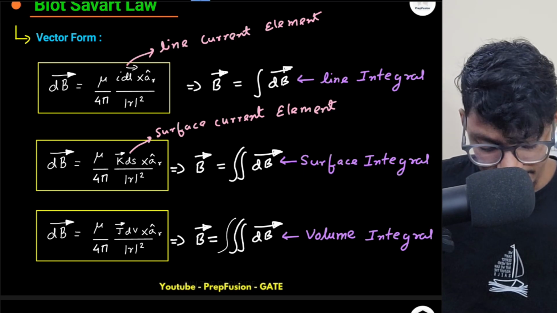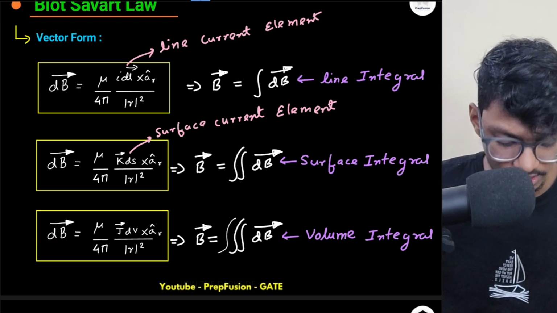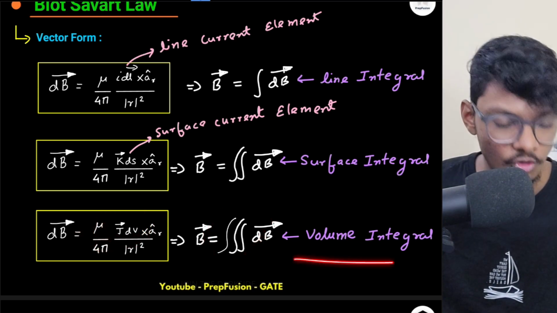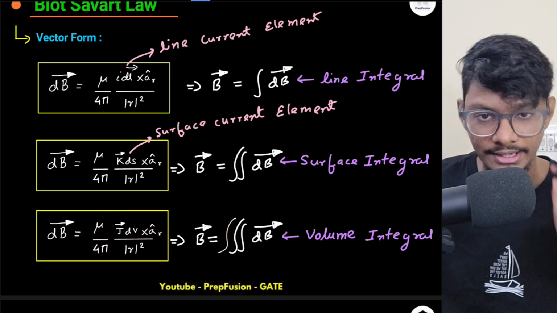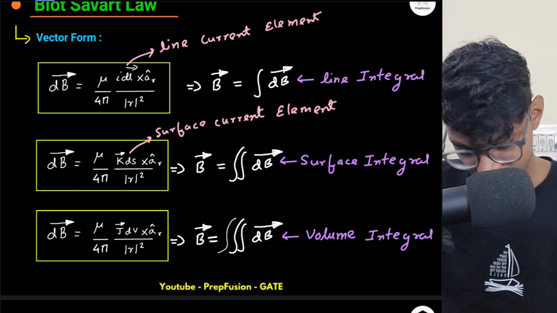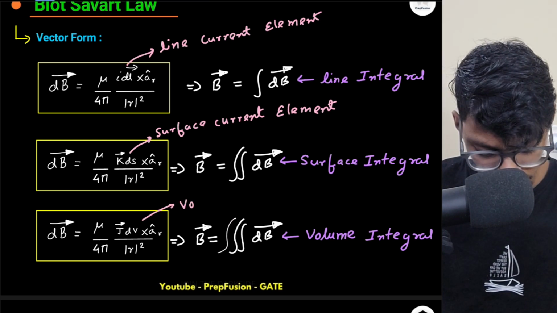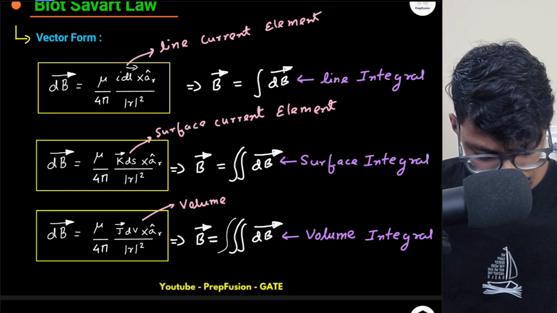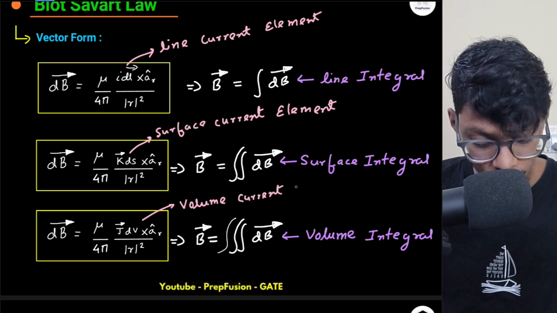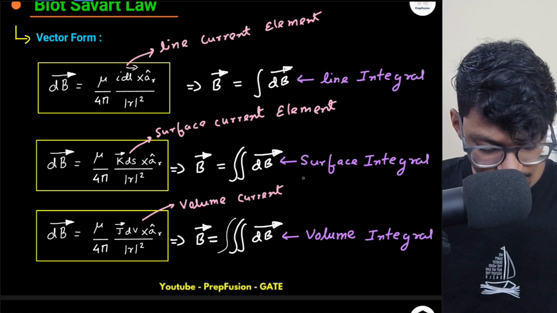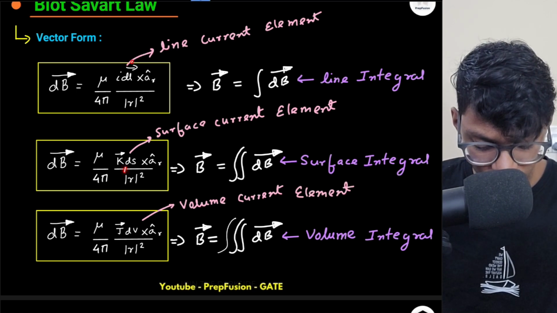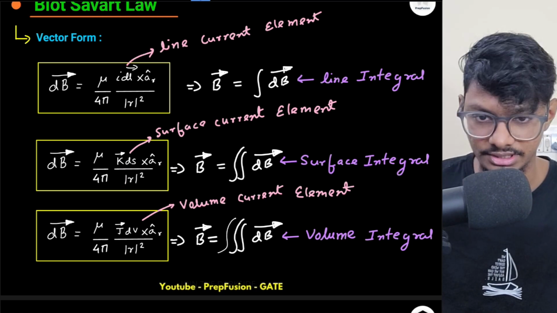Next, if the volume current element J dV is given, you have to do triple integration, that is the volume integral, to find the magnetic flux density. I'm just showing you the different forms of Biot-Savart law so that you don't get scared once you see a new form. It's just the same thing written separately for different types of current element. I hope you understand this.